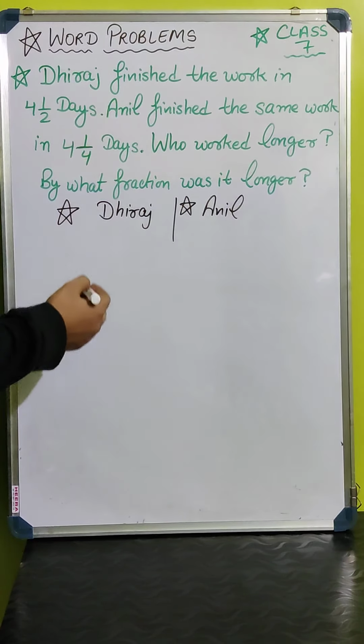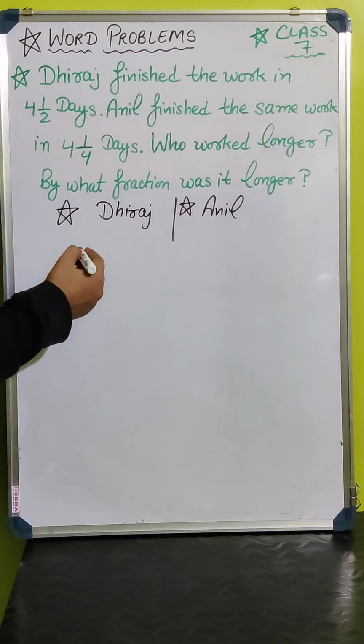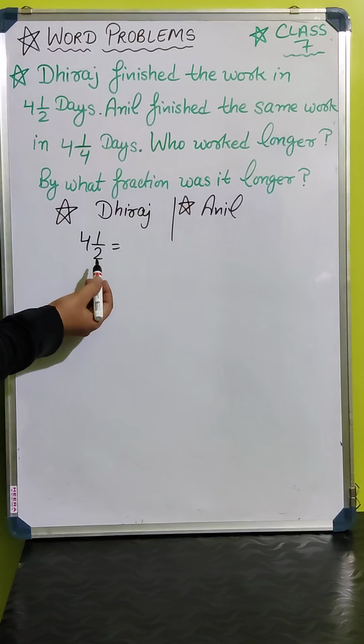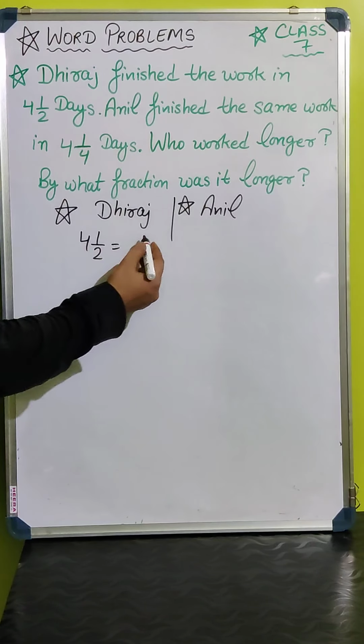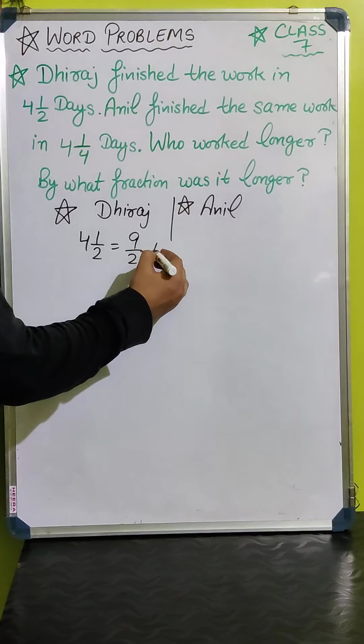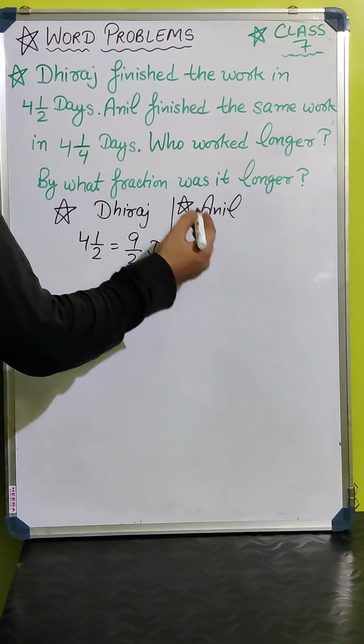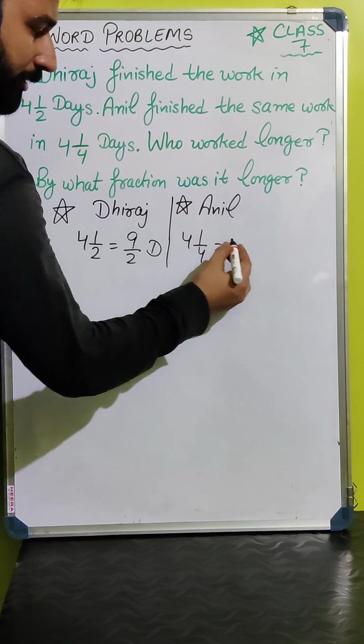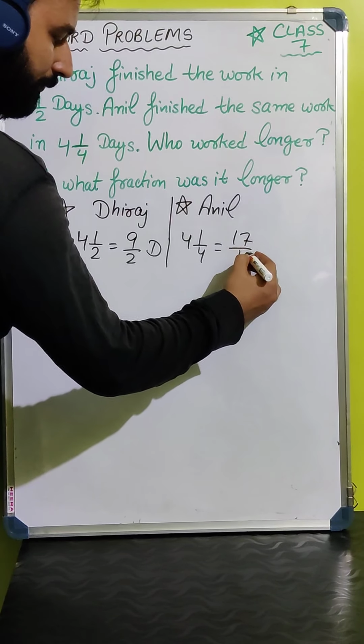First of all, convert into improper fractions. 4 twos are 8 plus 1, 9 by 2 days. And Anil, 4 whole 1 by 4 days, that means 4 fours are 16 plus 1, 17 by 4 days.